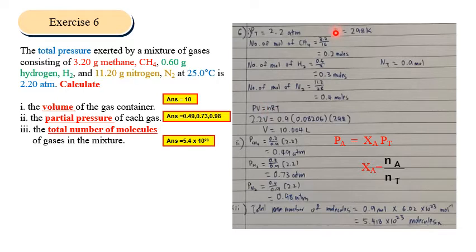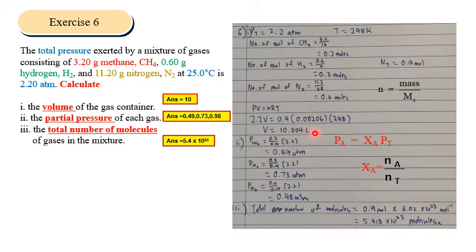By applying the formula mass over molar mass. So mass of each gas divided by the molar mass of each gas, we get 0.2 mole for methane, 0.3 for hydrogen, 0.4 for nitrogen. And then total number of mole is 0.9 mole. So apply the formula PV equal to nRT, we will get V equal to 10 liter.